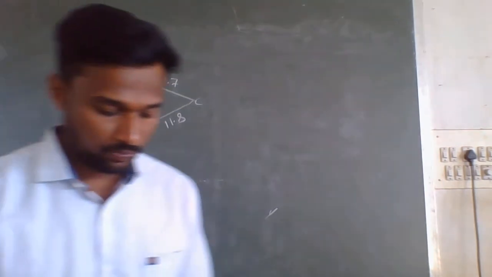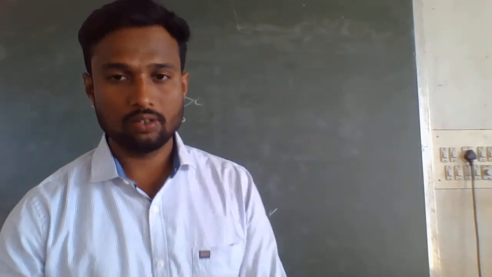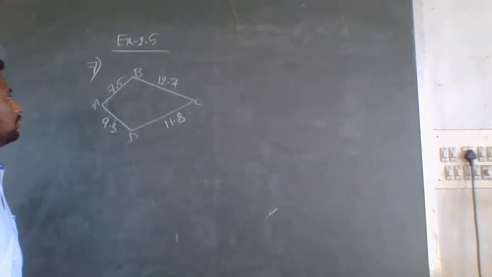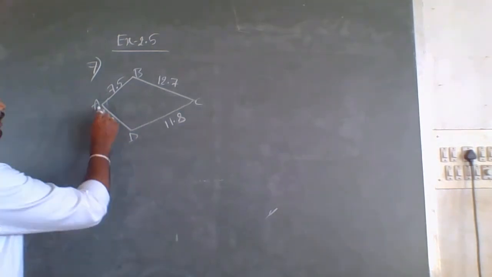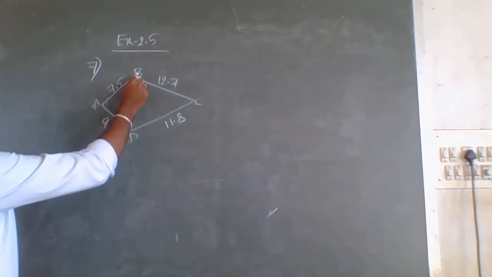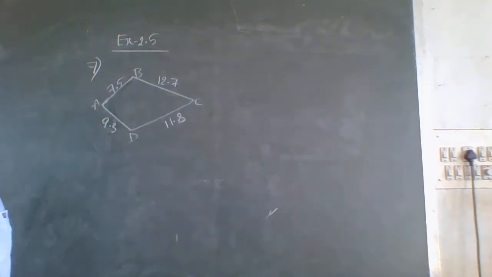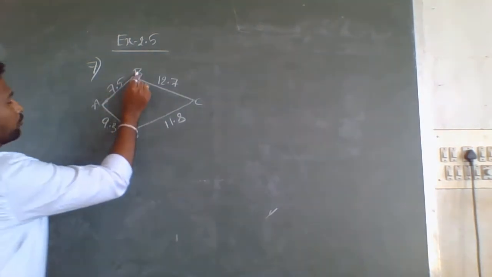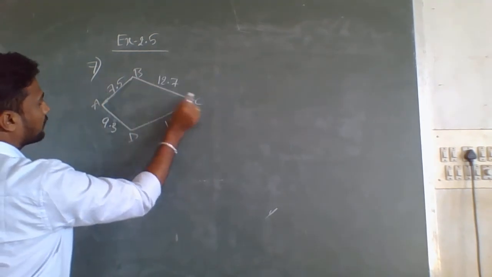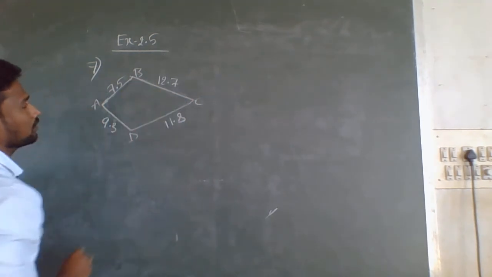See here. Dinesh started from this point A and went to place B, which is 7.5 kilometers. And from this place B he went to place C, which is 12.7 kilometers.